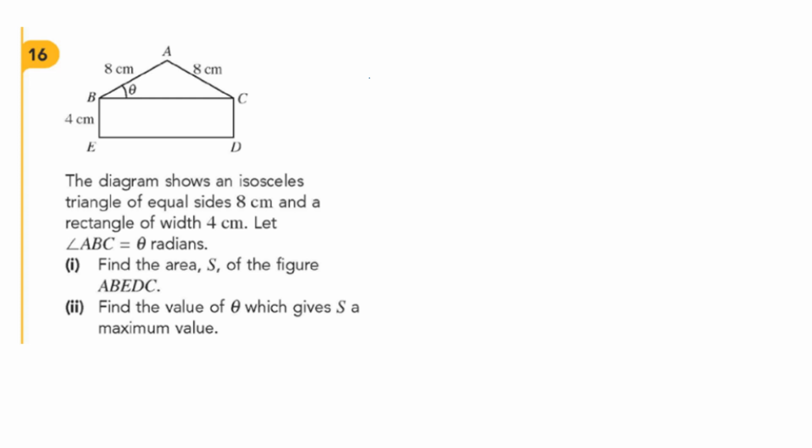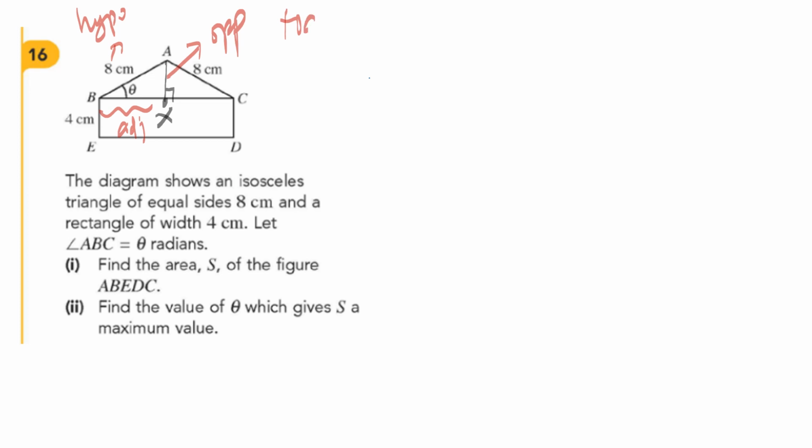So I'm going to draw a perpendicular line from A to BC, and I'm going to call this point here X. Right, so I'm going to use trigonometry to find BX. So if I'm using the angle theta, then this will be your opposite, this will be your hypotenuse, this will be your adjacent.